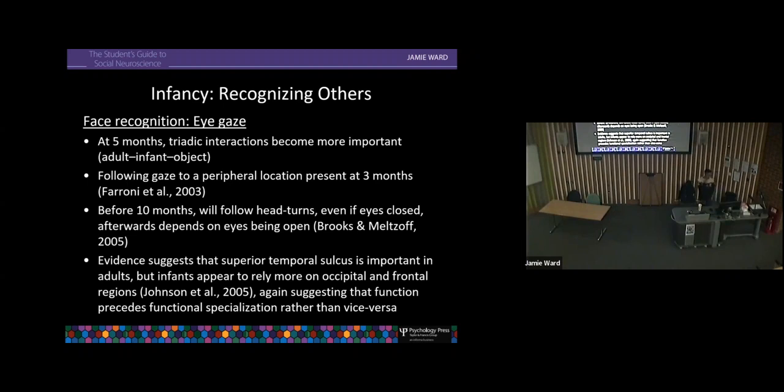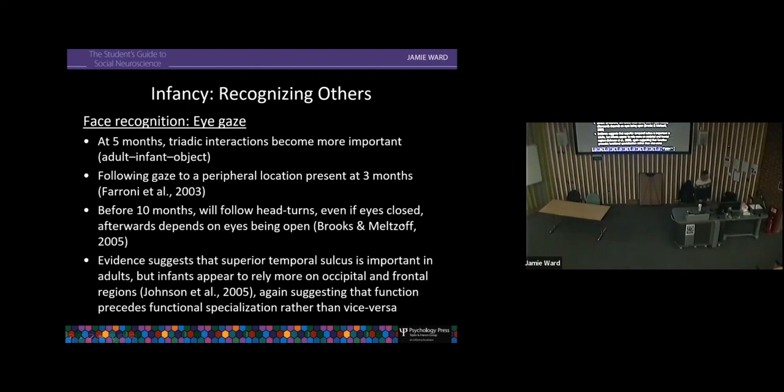So eye gaze is another mechanism, and this is important for engaging in communication. I can communicate with my eyes. I can encourage you to look at something by looking at it, these joint attention or triadic interactions. And these become more important early on in infancy, but younger infants can follow gaze to peripheral locations.